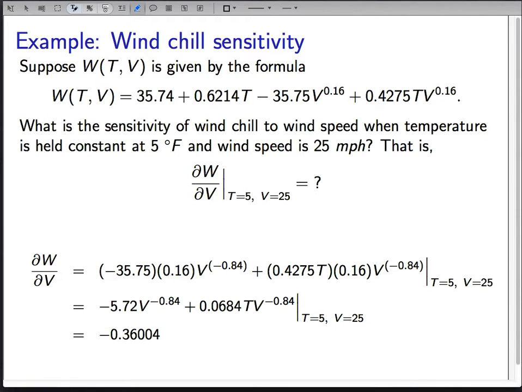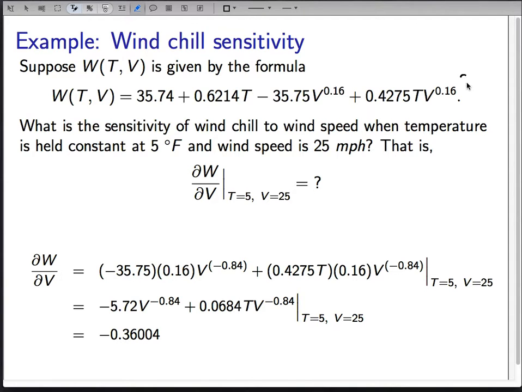So let's look at an example that we've looked at before, a wind chill sensitivity analysis, looking at a function that tells us what the wind chill is depending on the temperature, which is the variable t, and the speed of the wind, or velocity of wind, which is the variable v.